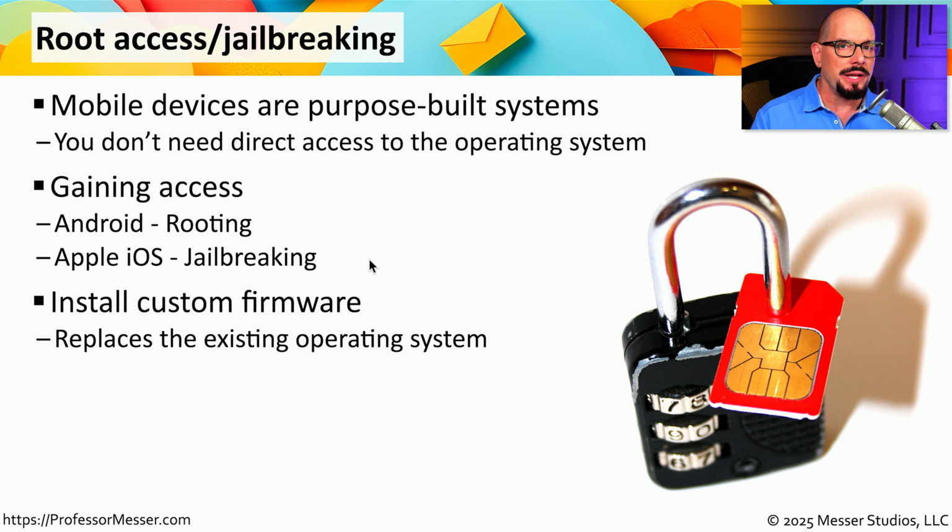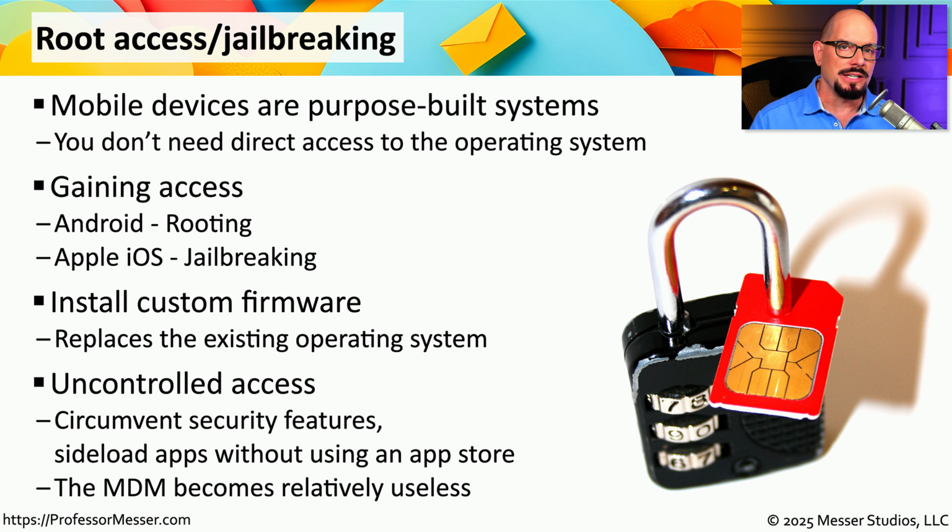Whether you are rooting or jailbreaking, you are effectively modifying the firmware of that device. You're overriding the core operating system with a completely different operating system, and that's what's giving you access to the underlying OS. A device that has this level of root access effectively gives you complete control of that mobile device.